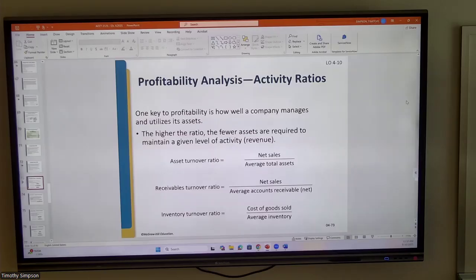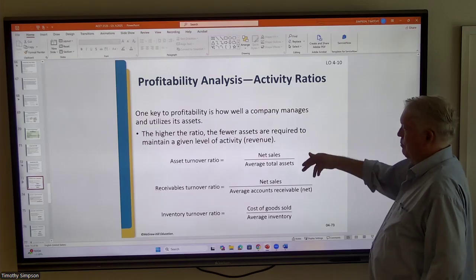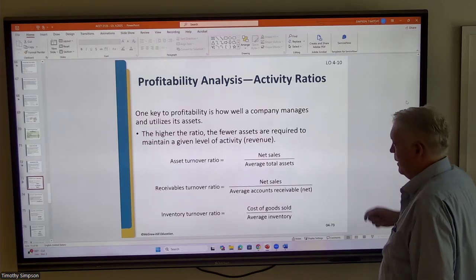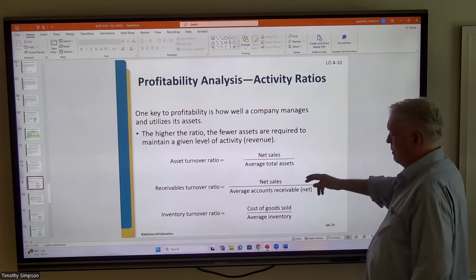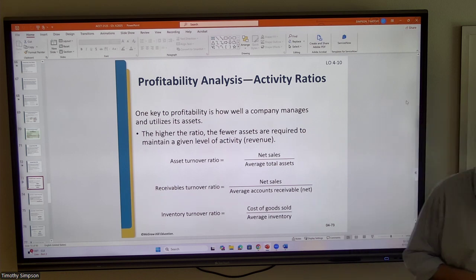What we have not talked about yet are things like activity ratios, a lot of them having to do with operating activities, asset turnover, receivables turnover. We're going to get to those, talk about why those are important and why users care about these things and about the trends in these things and what is really going on there.